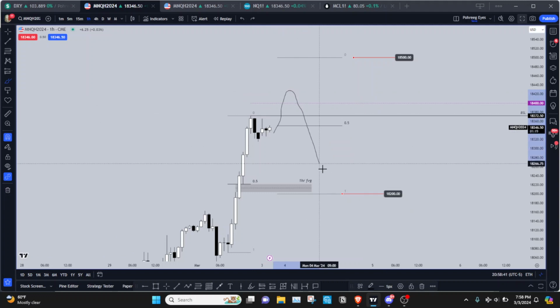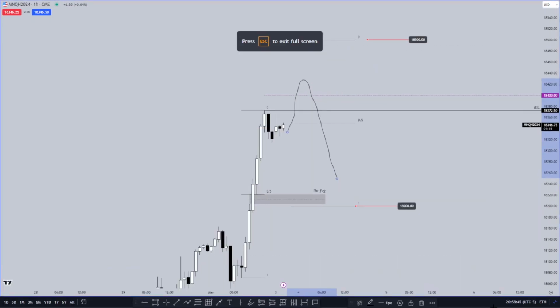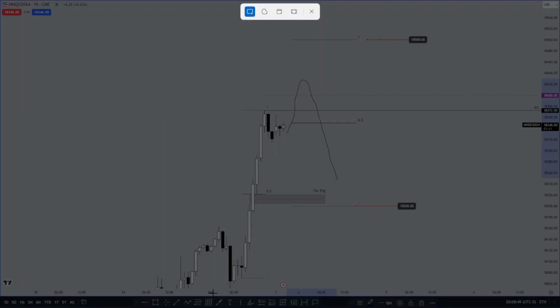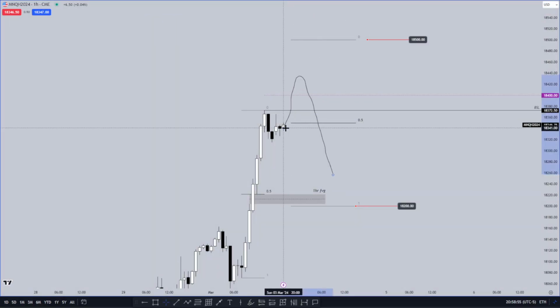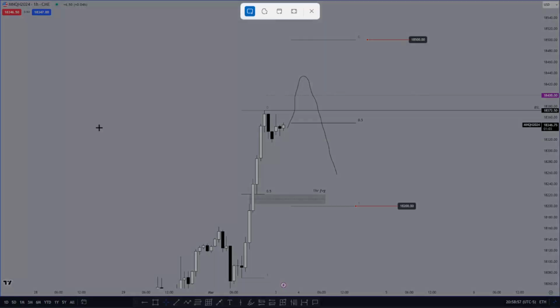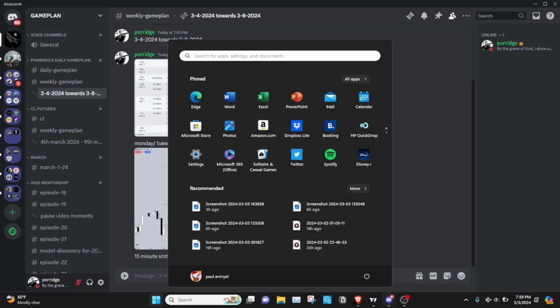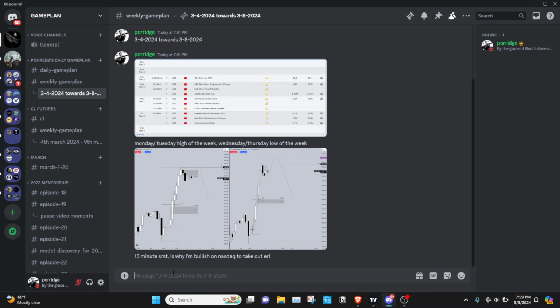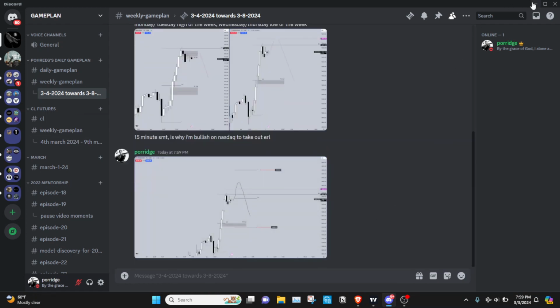So trade lower and then higher between these two levels. This is it right here for NQ.